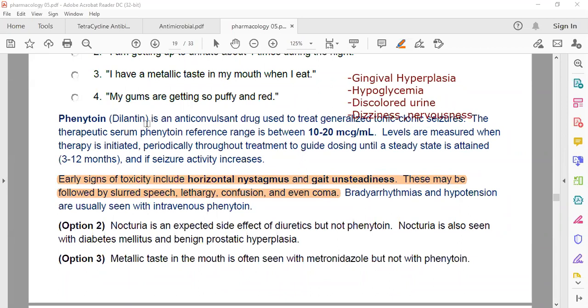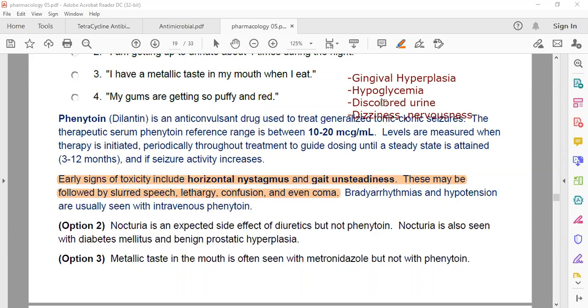Phenytoin may change the urine to a light rust color or discolor the urine. Also, the patient may still have a seizure despite being on medication, and watch for them.